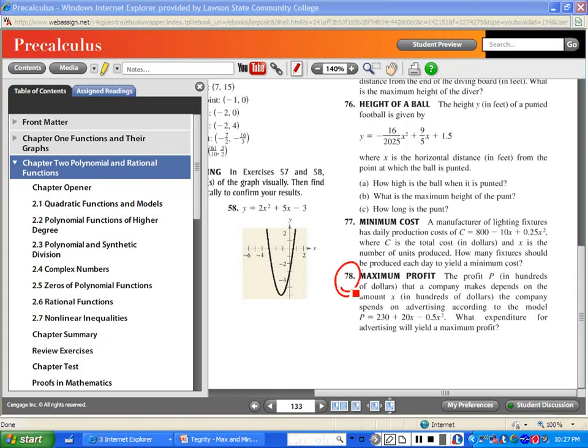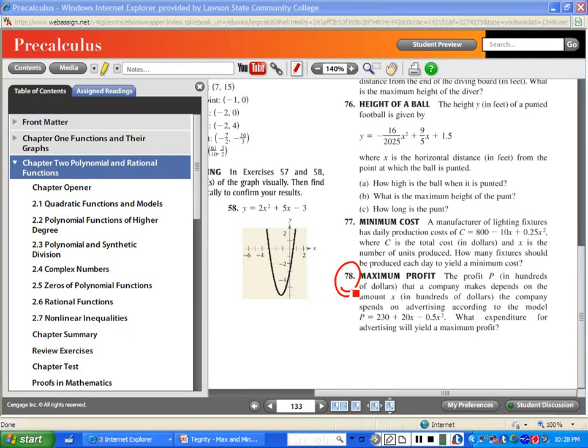It says the profit P in hundreds of dollars that a company makes depends on the amount x in hundreds of dollars the company spends on advertising according to the model P equals 230 plus 20x minus 0.5x squared. What expenditure for advertising will yield a maximum profit? So they're asking for the maximum here.